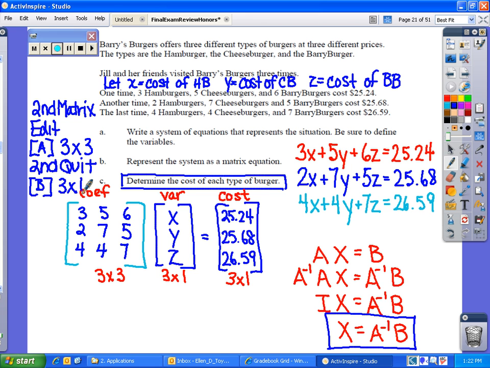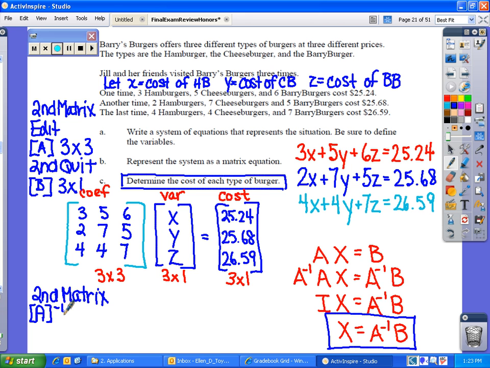At this point, you can pull up the A matrix with second matrix, name, and hit A. Second matrix, and under names, hit number 1 or A. We're then going to use the inverse key, which looks like x to the negative 1.